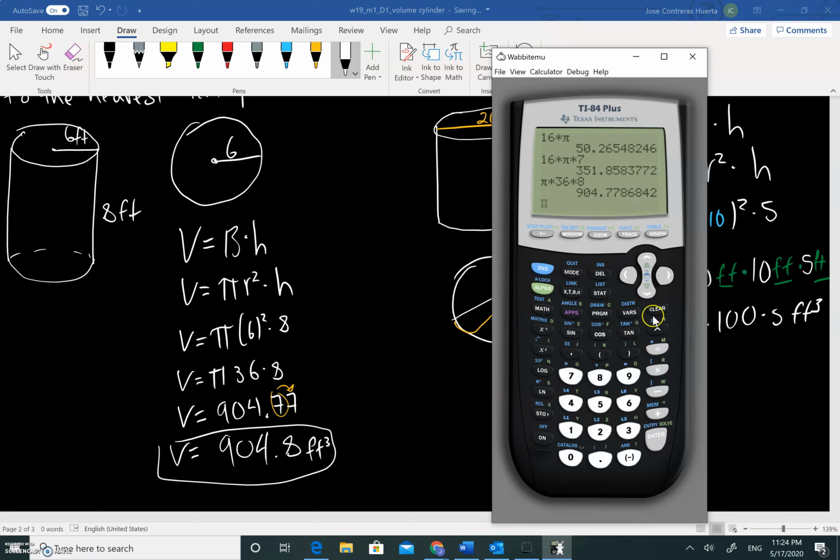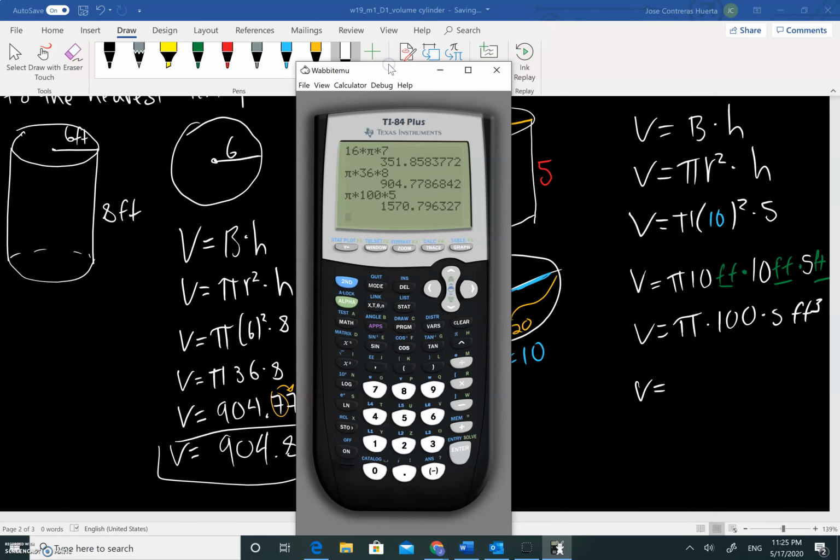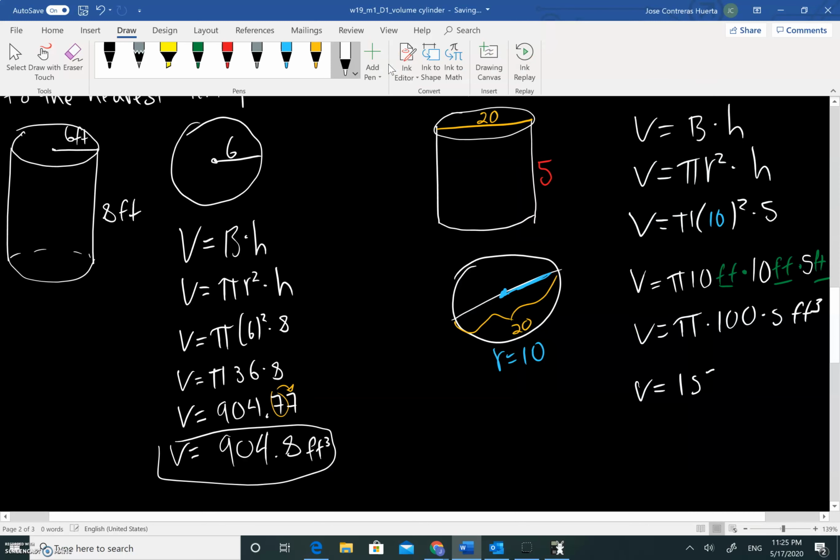We use pi times 100. Well, 100 times 5 is actually 500, but for the sake of the video, I'm just going to show you all of the steps. So that's going to give me 1,570.79 feet to the third power.